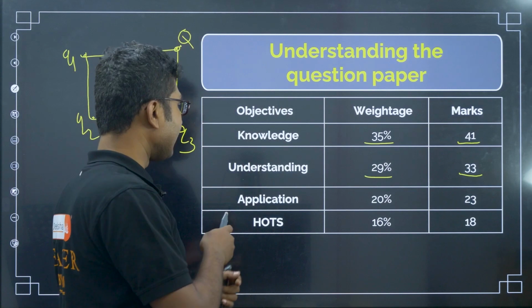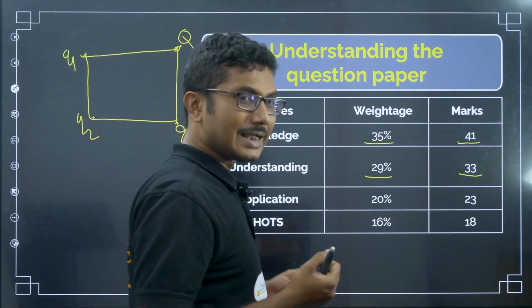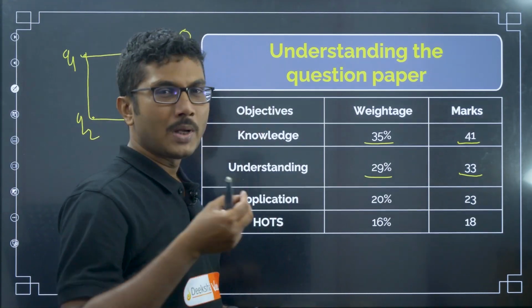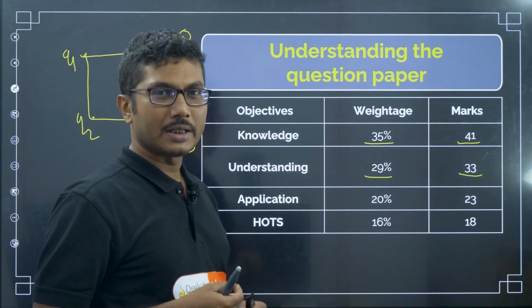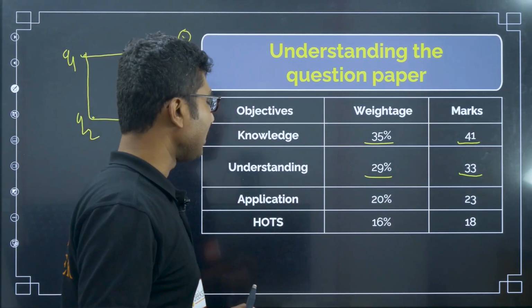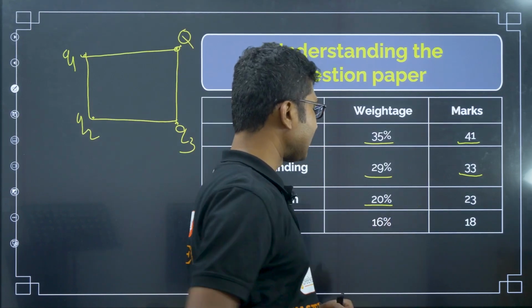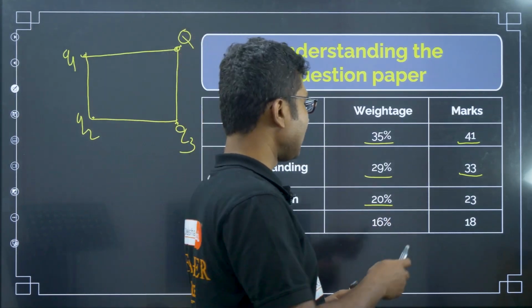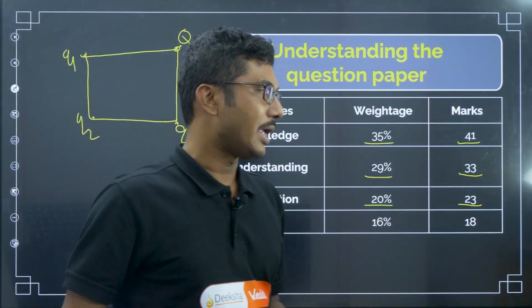So basically these are numerical questions, some small 2-3 mark numericals, some 5 mark numericals, and some MCQs. 20% of the question paper is application level, and 23 marks is coming from there.